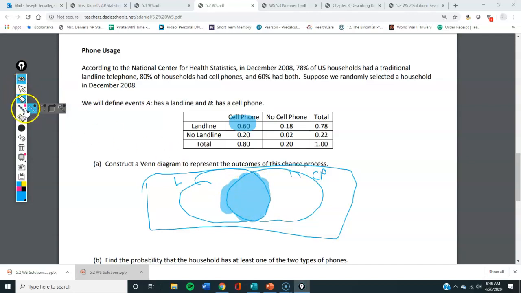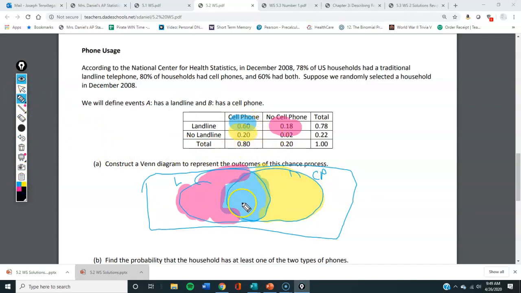That tells me they have a landline and a cell phone. Now, landline and no cell phone. That means they have a landline, but they don't have a cell phone. And cell phone, no landline, is going to go in this box. And if you have neither, you're in the white box.